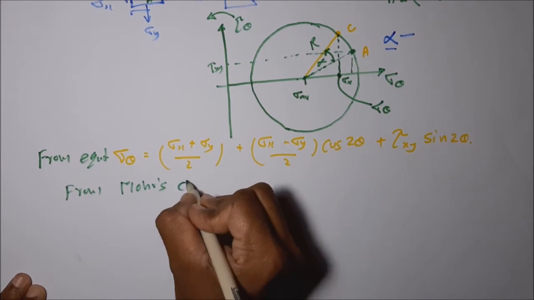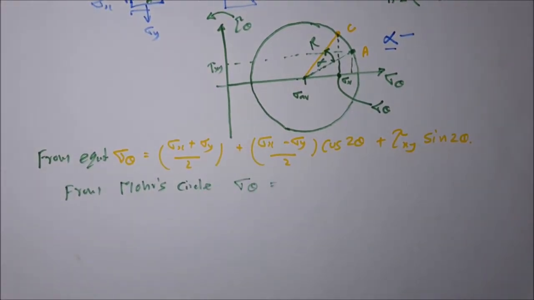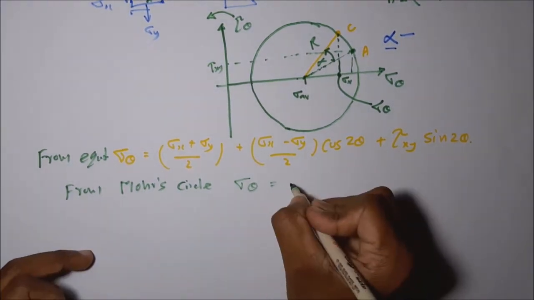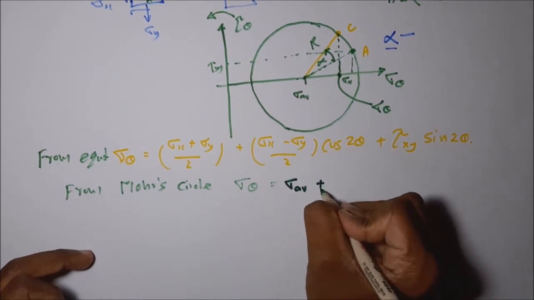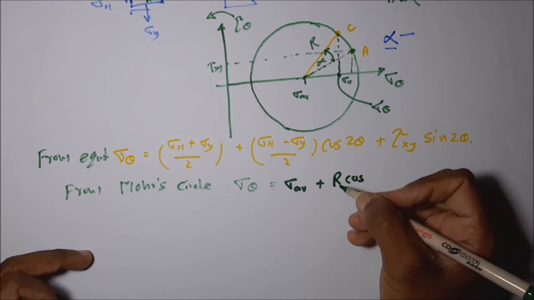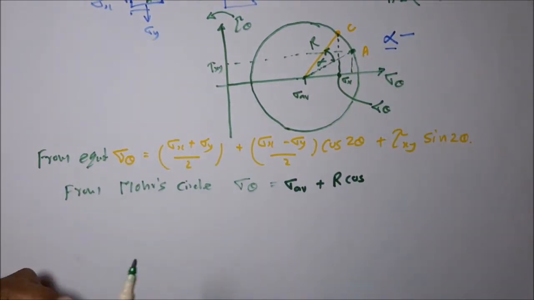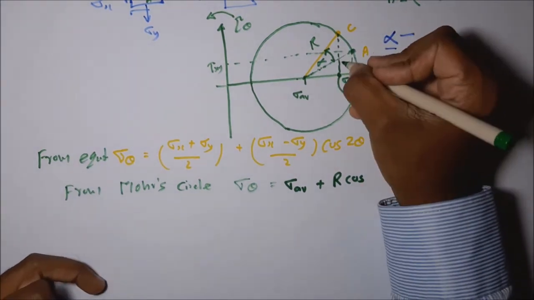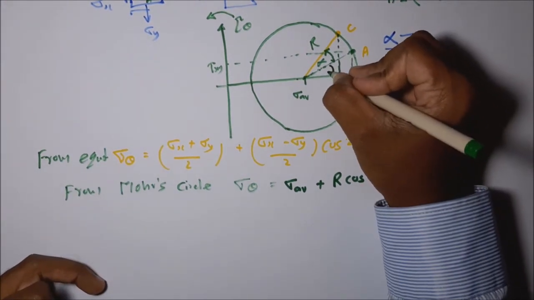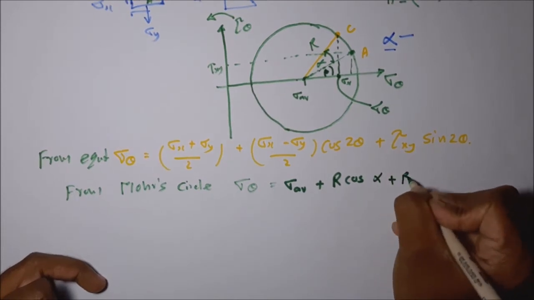From the Mohr circle, how do we write the sigma theta value? Sigma theta is equal to sigma average plus R cos. I'm going to put this angle as beta. So R cos of alpha plus beta.